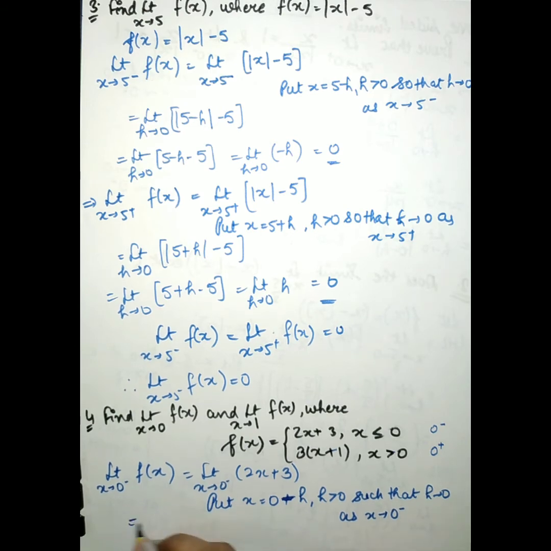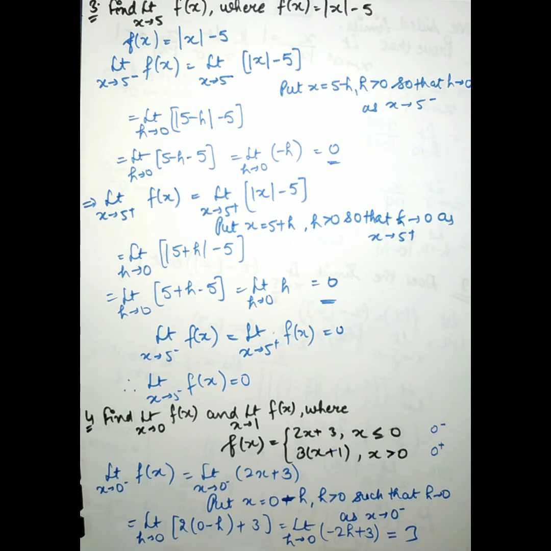Then limit h approaches to 0, 2 into (0 − h) + 3. It will become limit h approaches to 0, −2h + 3. It will become 3.